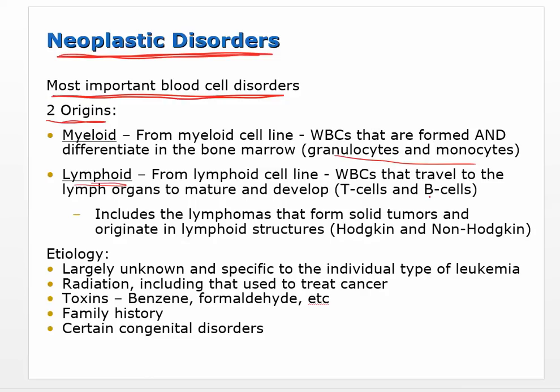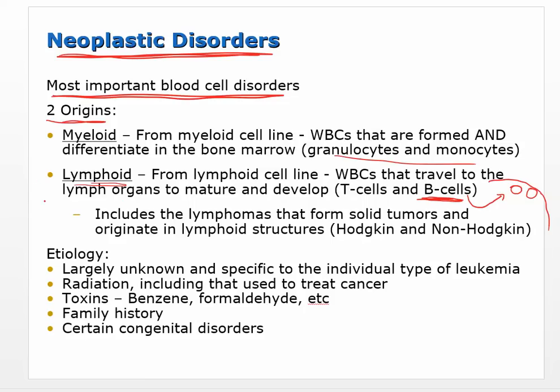Now the B cells will develop in the bone marrow as well, but they go to and hang out in lymph nodes, as we've already seen when we were looking at the lymph nodes and the follicles.